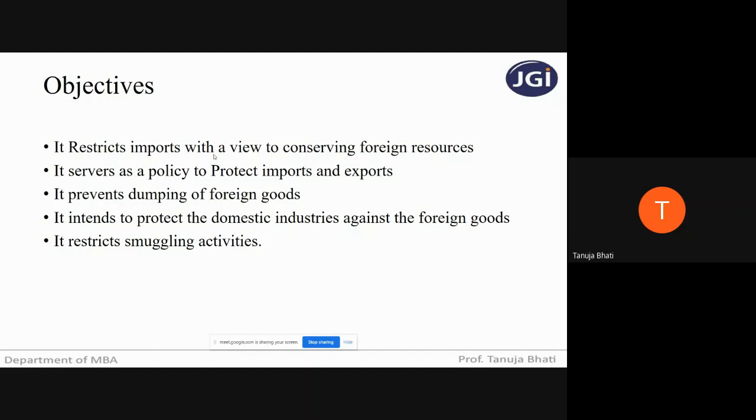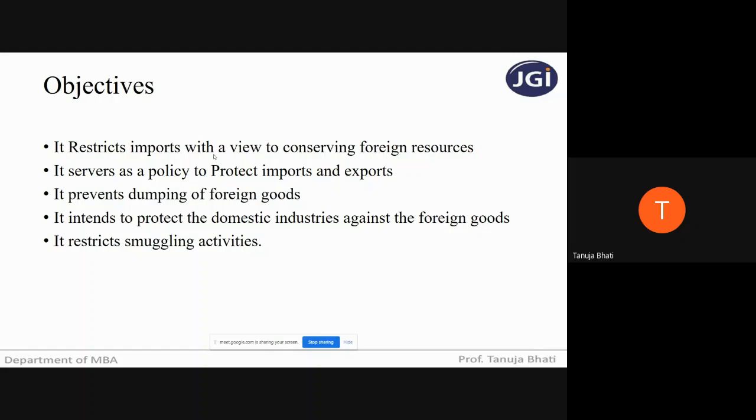So the government said, if it imposes customs duty on imports, people will stop conserving or preserving foreign resources. If the government imposes customs duty on a set of goods which are also produced in India, obviously the price of those goods will increase.